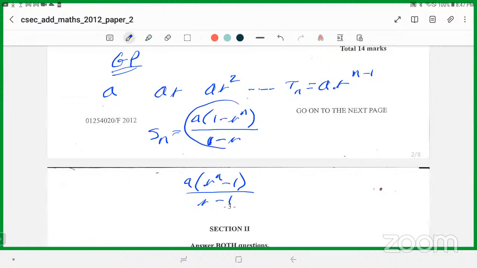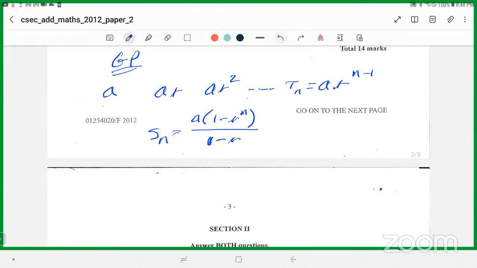We're safe to stick with this one. This is a sum to any number of terms. So the sum to 10 terms, you're going to put 10 right there, and the common ratio and so on.